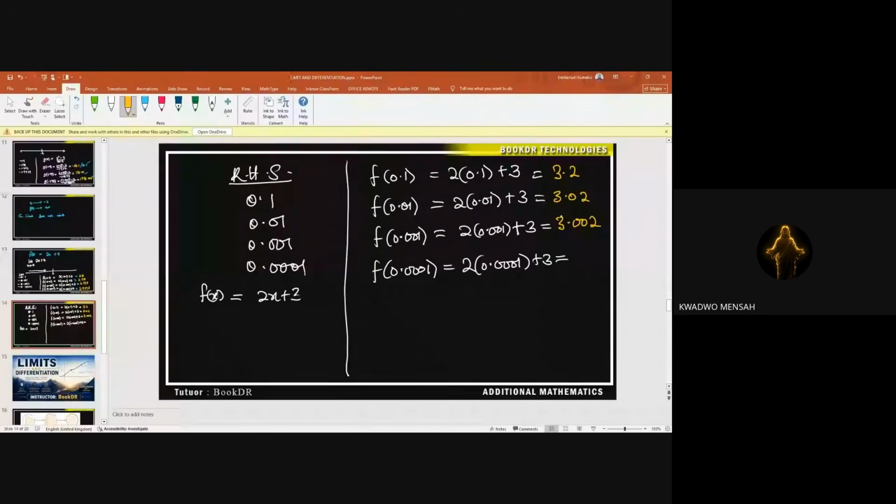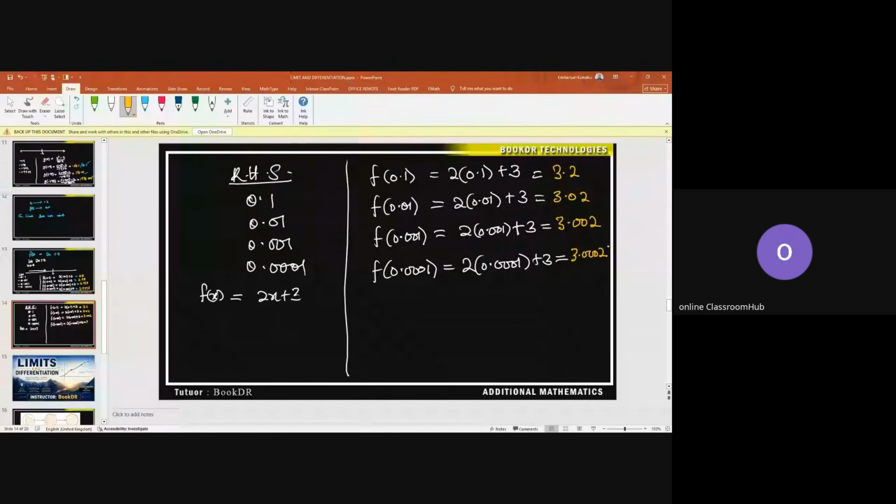What did you get from your calculator? Kwajo, I can't hear you. Is it your network? Mirabel. Sir, please, I got 3.0002.